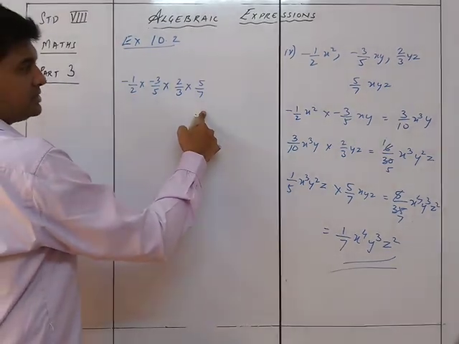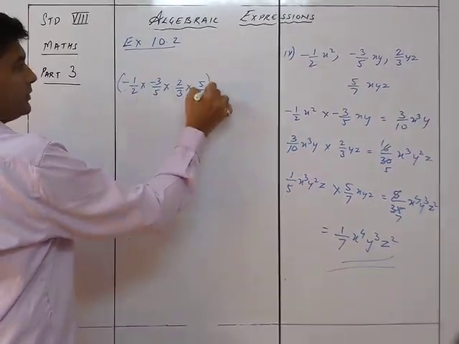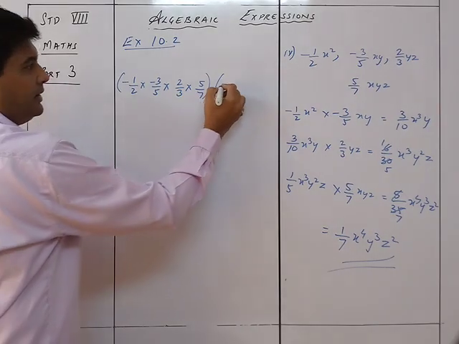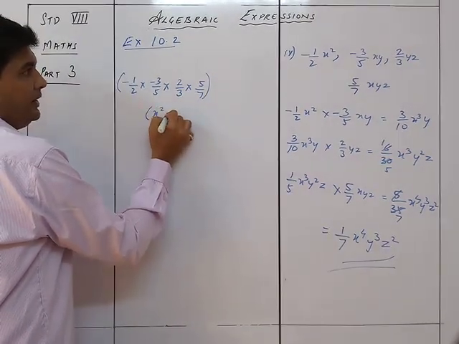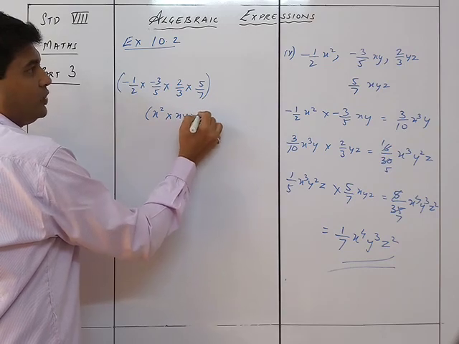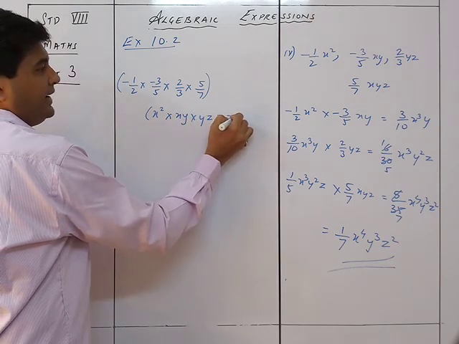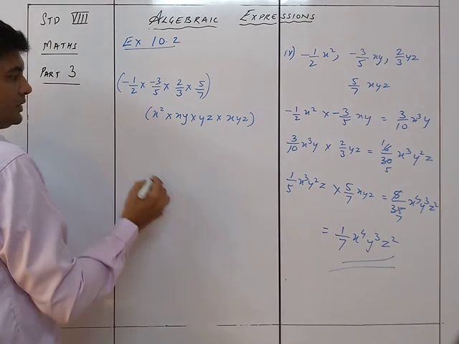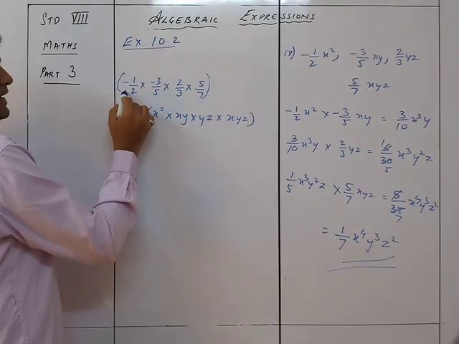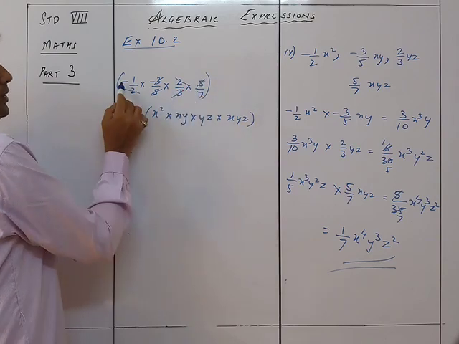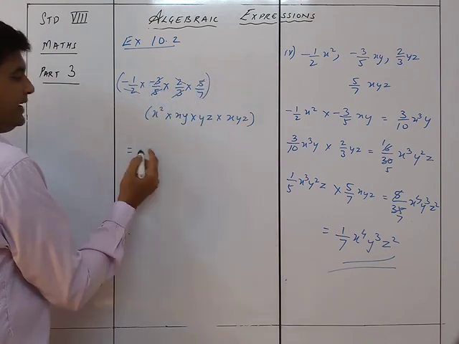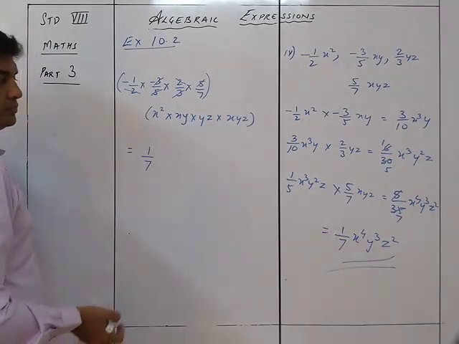These are the numbers multiplied by x square into xy into yz into xyz. So over here you can do the cancellations. 2, 2, 3, 3, 5, 5. Minus into minus is plus. So remaining is 1 upon 7.